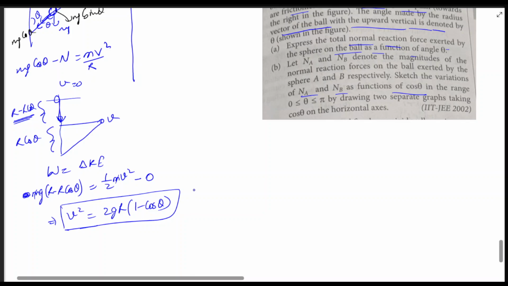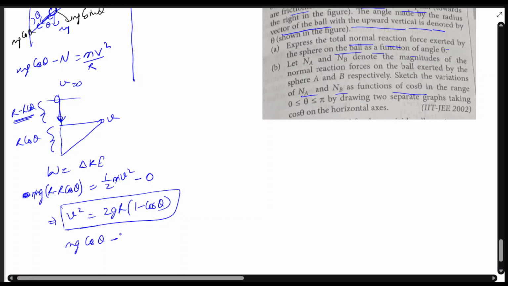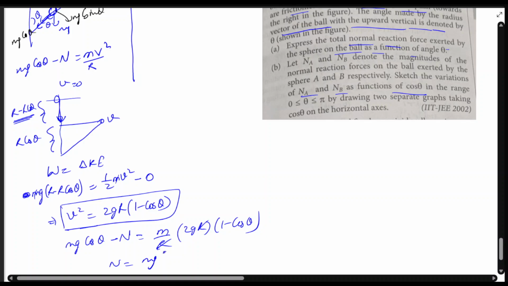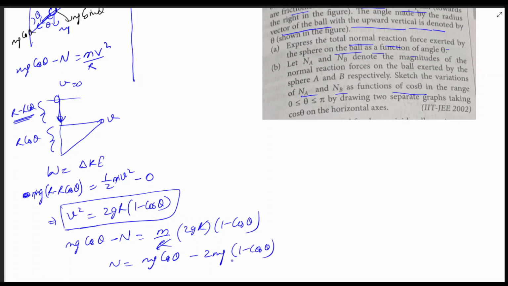So we will have mg cos theta minus normal equals to m by r 2gr 1 minus cos theta. So r will get cancelled. Normal will have mg cos theta, and this will come here minus 2mg 1 minus cos theta.